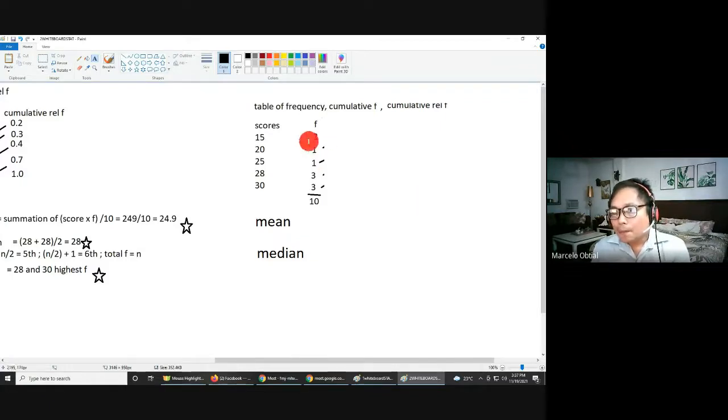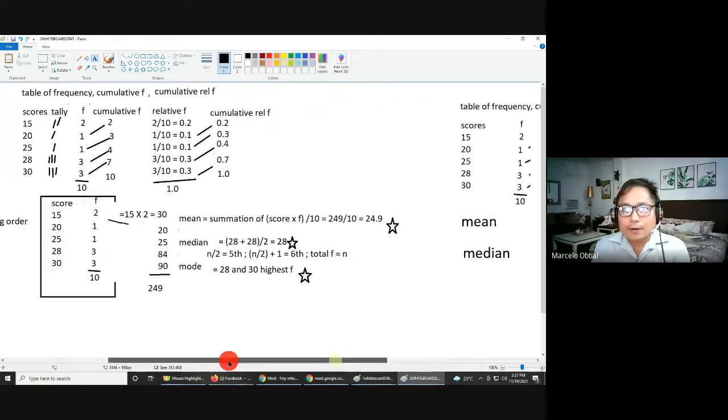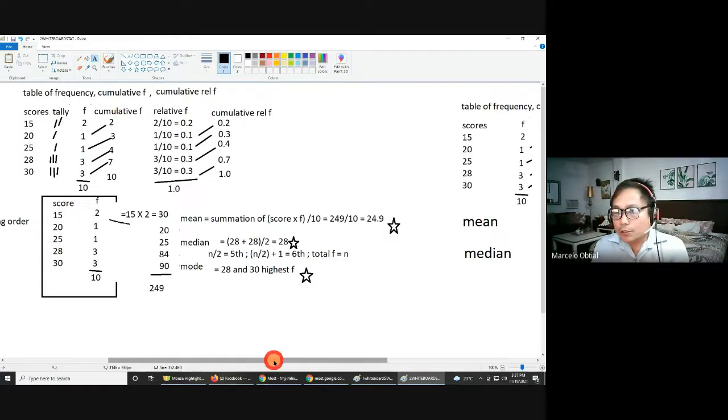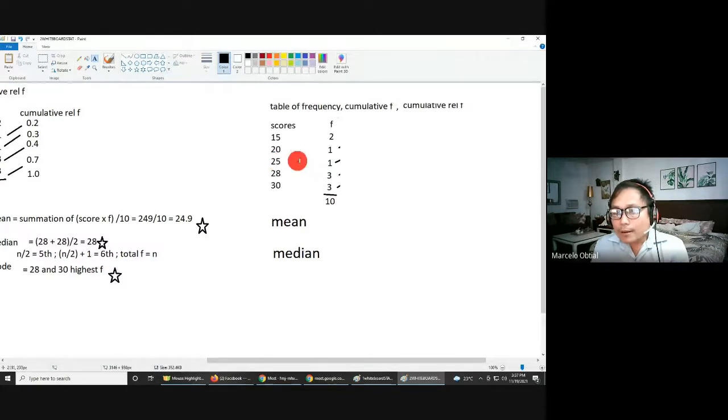Now, here, plus 1 will give you 4. Cumulative frequency dito sa gilid, 4. Ibig sabihin, fourth. Okay? Ang fourth na value niya is 25. Then, kapag inadd mo itong 2 plus 1 plus 1 plus 3, will give you 7. So, in short, ika-fifth na position hanggang 7th, the value should be 28.